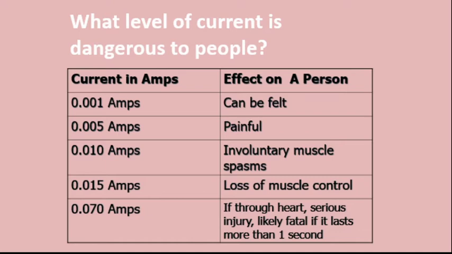At 0.010 amperes, involuntary muscle spasm is the effect on a person. At 0.015 amperes, loss of muscle control. And at 0.070 amperes, if it goes through the heart, serious injury, likely fatal if it lasts more than 1 second.